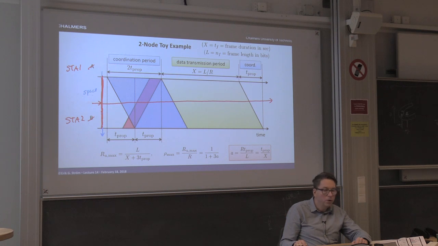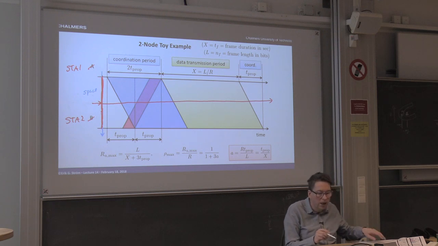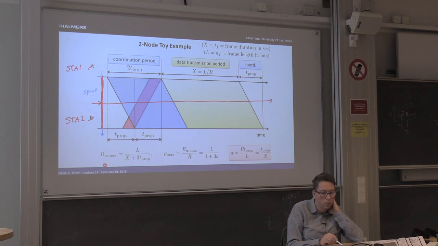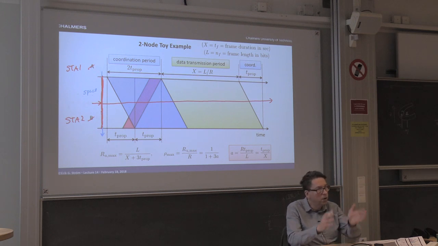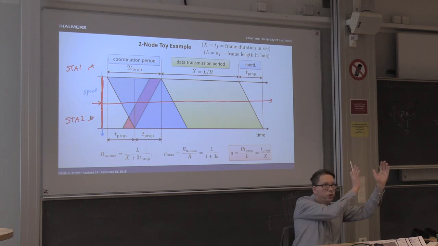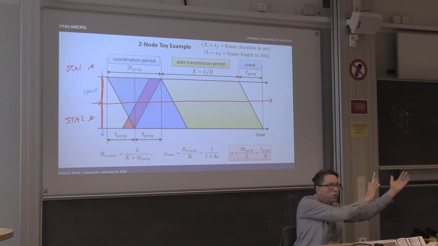Okay, so it's hard to coordinate. If we would like to calculate the maximum throughput of this, well, the maximum throughput is when we go through this cycle and have these cycles adjacent to each other, so that we use the medium as much as we possibly can.